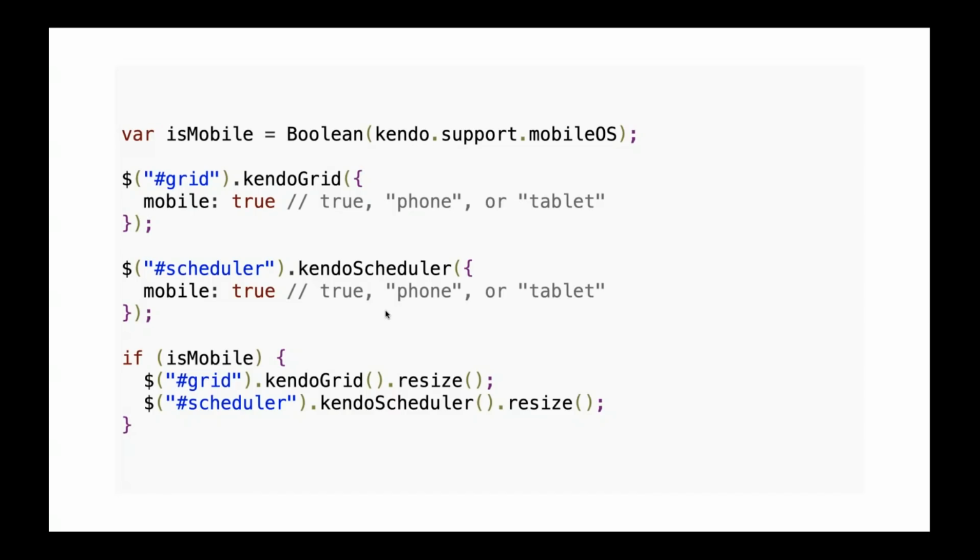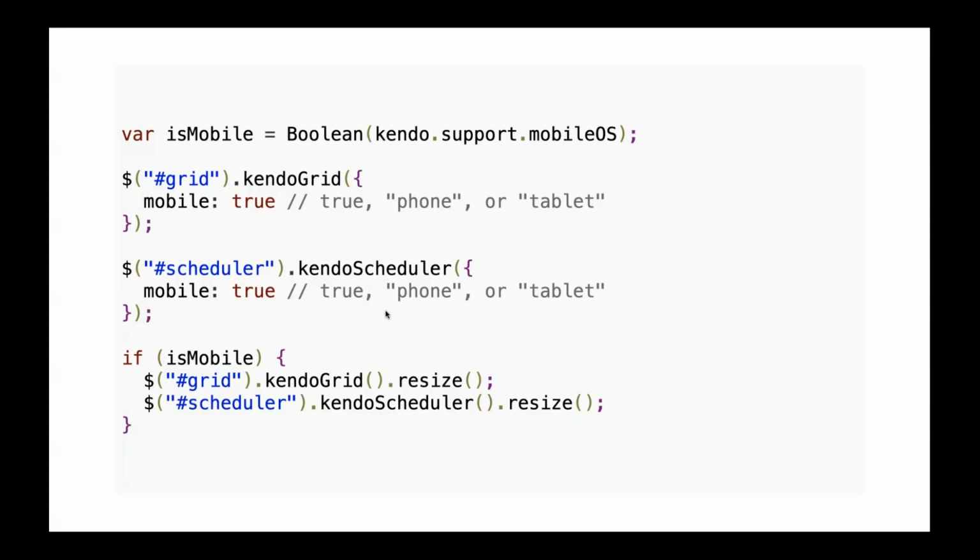That's one example. You can also set it to the value phone or tablet if you wish, and that will allow you to render using the mobile rendering or the adaptive rendering for a specific device. It may not be known to some of you, but there's actually a great set of utilities found in the kendo.support namespace. One of them is mobileOS.